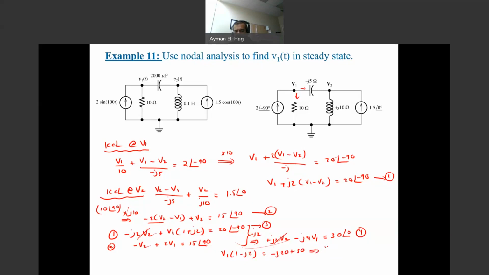From this, your V1 is equal to 30 minus J20 divided by 1 minus J2. Then you can calculate this, and you will find that this is equal to 16.098 angle of 29.7. Again, I urge you, please go there and try to solve this question.